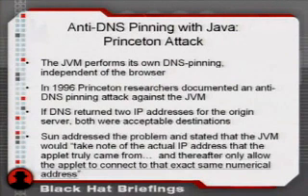Sun addressed the problem pretty quickly and said that in the future, applets would only be able to connect to the IP address that they were actually downloaded from. I don't have an 11-year-old version of Java to test whether they actually implemented that, but as you'll see in a little bit, that is not the behavior that the JVM exhibits today.